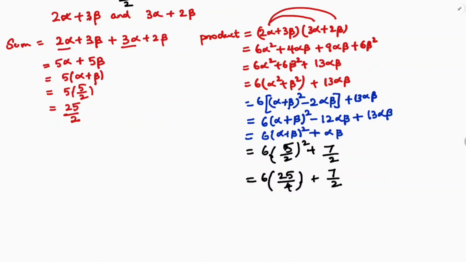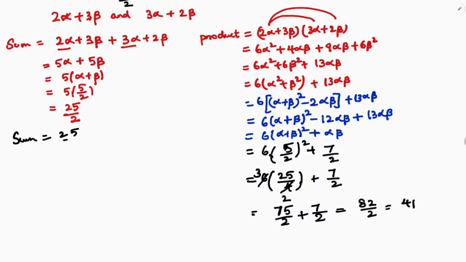Here if you cancel 2 times 3 and 2 times 2, it is 3 times 25, which is 75 by 2, plus 7 by 2. 75 plus 7 is 82 by 2, which is nothing but 41. So the sum is 25 by 2 and the product is 41.